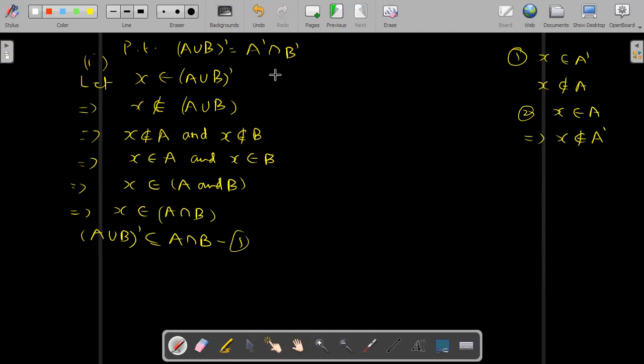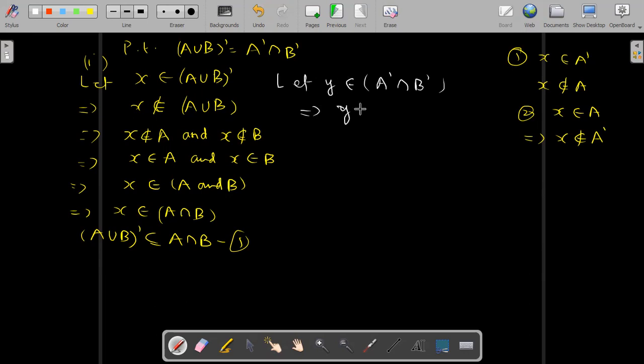Now we will take the second part, the right hand side. Let's take any element Y which belongs to A complement intersection B complement. Intersection means and.